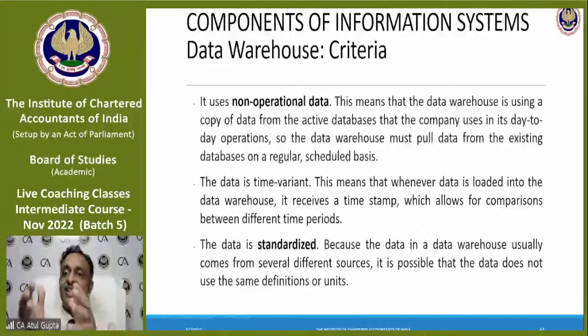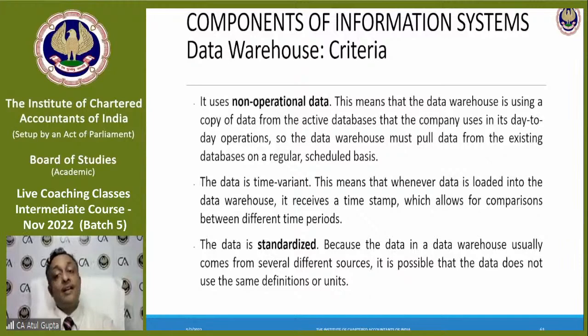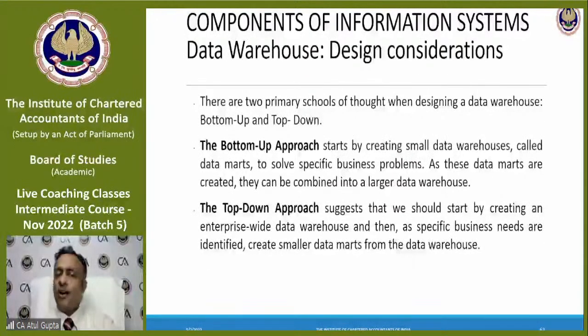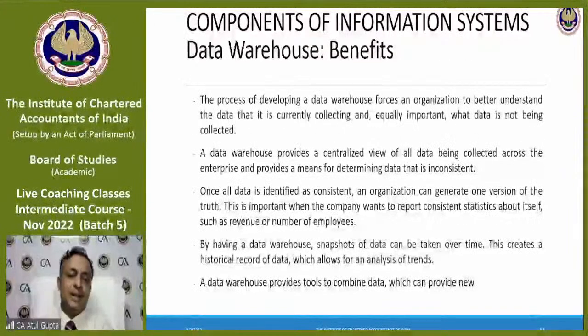It standardizes that. All sources are standardized so that decisions can be taken in a better manner. How you create it, top-down or bottom-up, depends on the nature of data and the way the organization wants to design. Benefits: better data, proper data, centralized view, better decision making, all things are there. That comes from a good data warehouse.